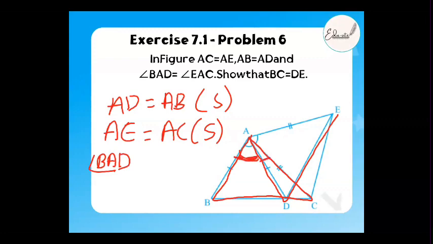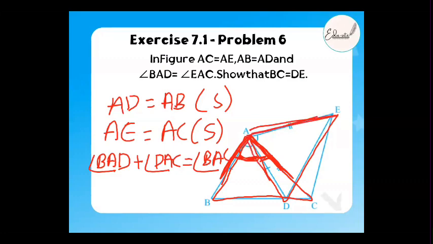Plus angle DAC. ये आपको क्या देगा? Angle BAC देगा, correct? ये वाला एंगल देगा आपको. राइट बेटा? एंगल BAC. और ये ट्रायंगल में एंगल AED ट्रायंगल में हमारे पास एंगल EAC, करेक्ट? एंगल EAC एंड एंगल CAD हमको क्या देगा?